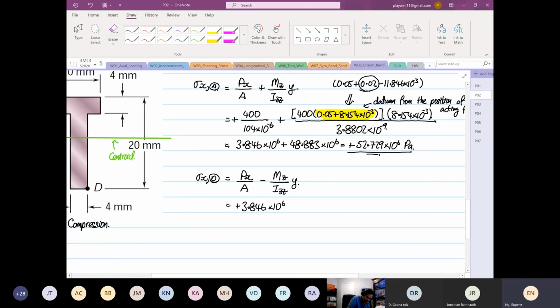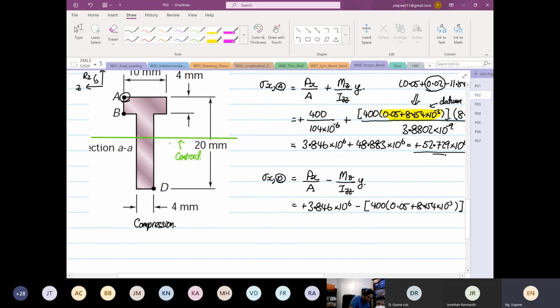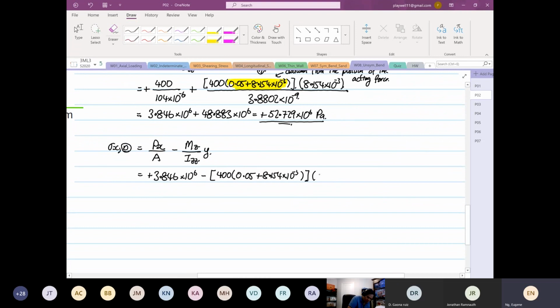Then this will be minus, same thing like before, 400 multiplied by 0.05 plus 8.154 times 10 to the power minus 3, then y from the centroid to point D. This will be equal to 20 times 10 to the power minus 3 minus 8.154 times 10 to the power minus 3.